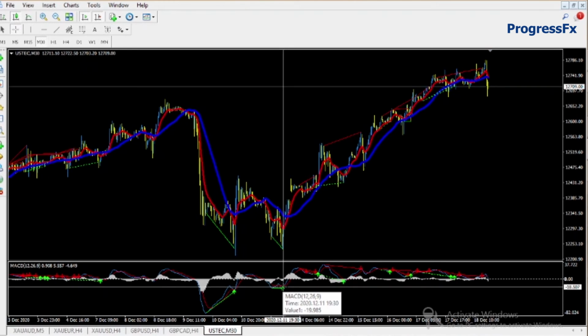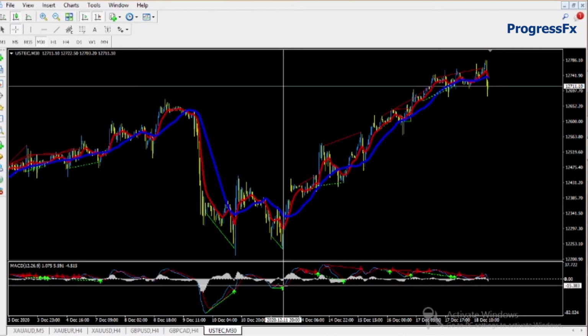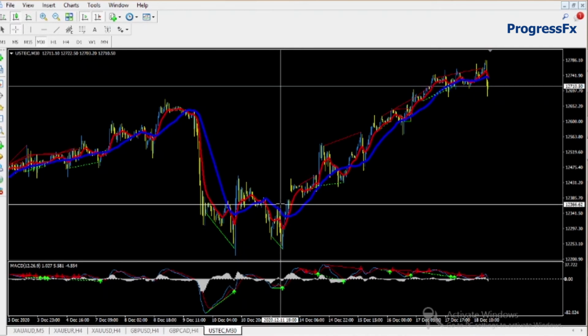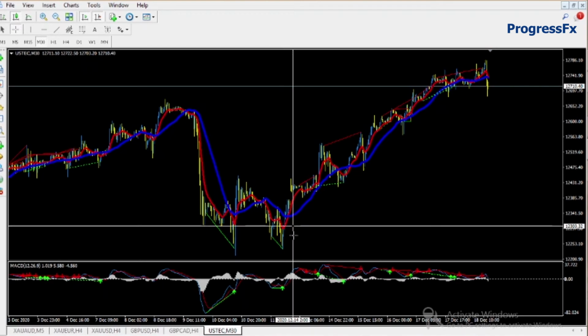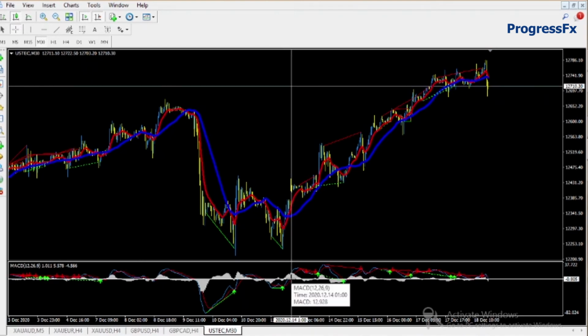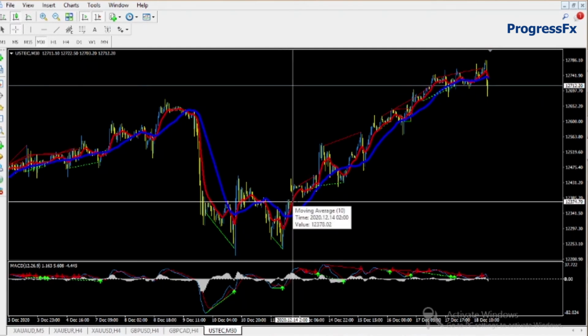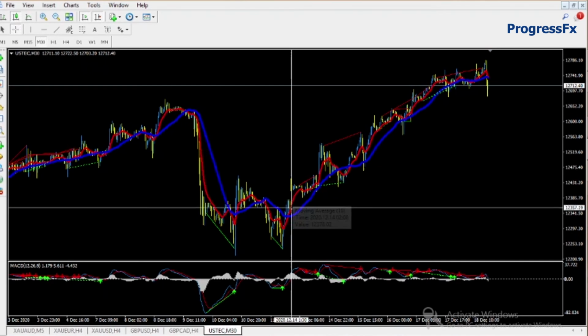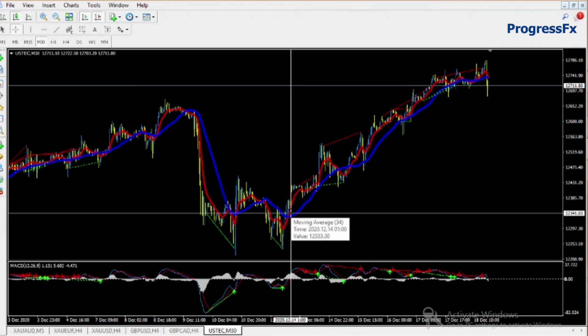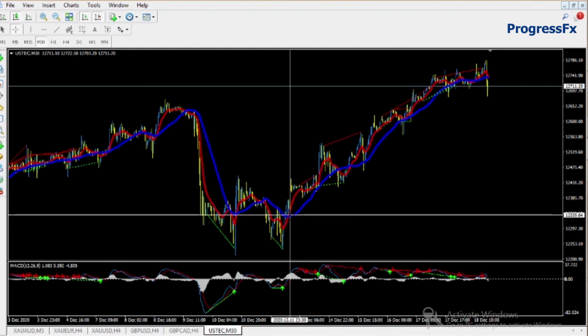So you can find here, when the blue signal line crossed above the red signal line, the moving averages were still very much open. But at the time the same blue signal line and red signal line crossed the MACD zero level, the 10 EMA also crossed above the 34 SMA, as you can see here.